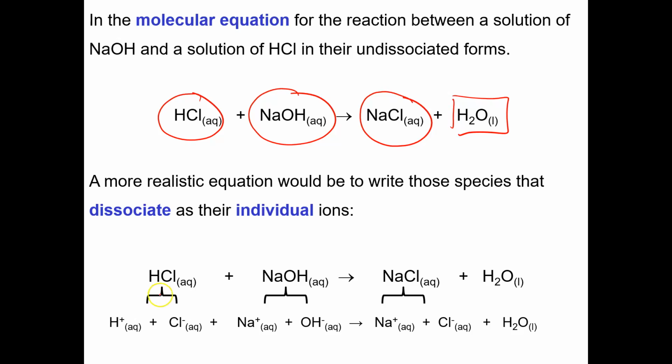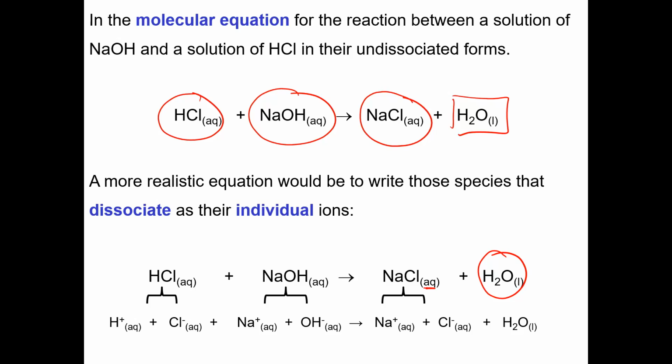So in this case, we would dissociate the strong acid, hydrochloric acid, into hydrogen ions and chloride ions, the strong base, sodium hydroxide, into sodium ions and hydroxide ions, the water-soluble ionic compound, sodium chloride, into sodium ions and chloride ions, but we would leave intact the covalent compound water because that doesn't dissociate into individual ions when it's dissolved in water.